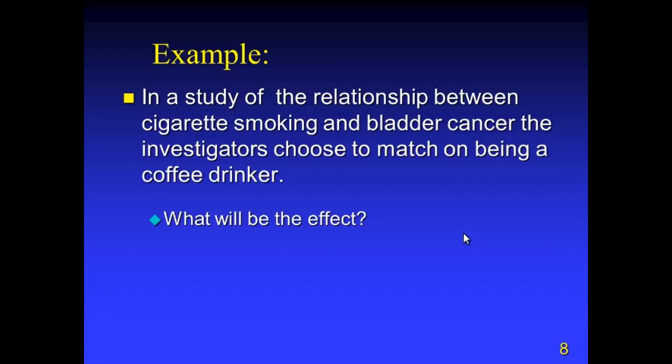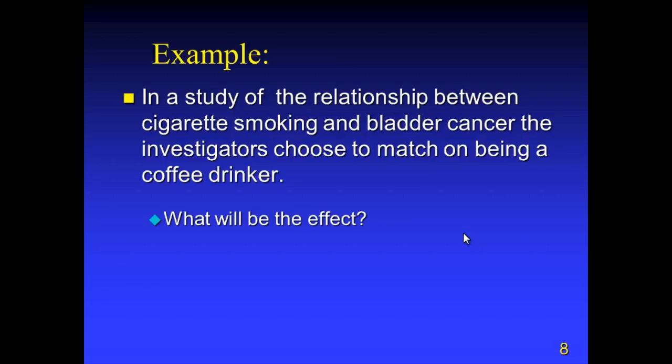So here's an example of the sort of situation I was just talking about. Say that you were interested in the relationship between cigarette smoking and bladder cancer, but you chose to match on whether a person was a coffee drinker or not. What would be the effect of that? Well, we've already discussed that there seems to be some relationship between coffee drinking and smoking, but it's not the coffee drinking which is the cause of bladder cancer.